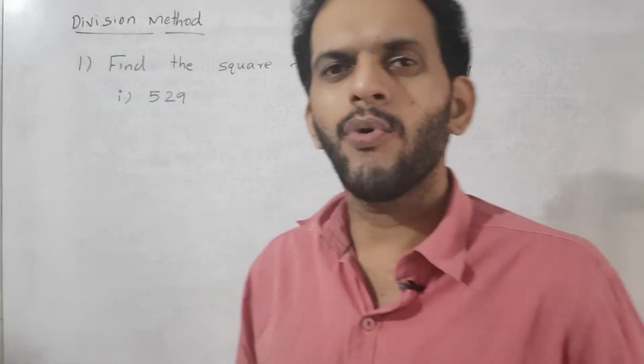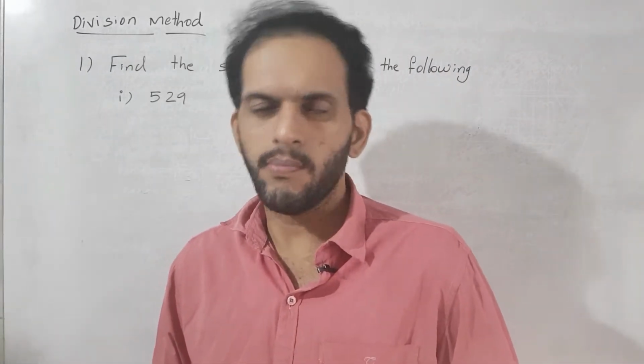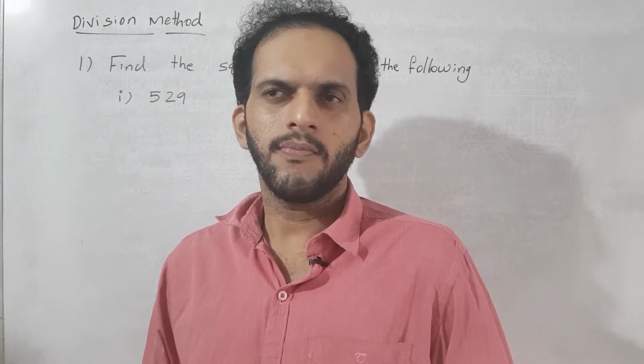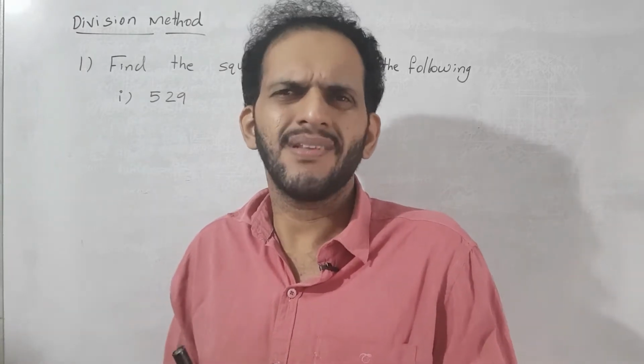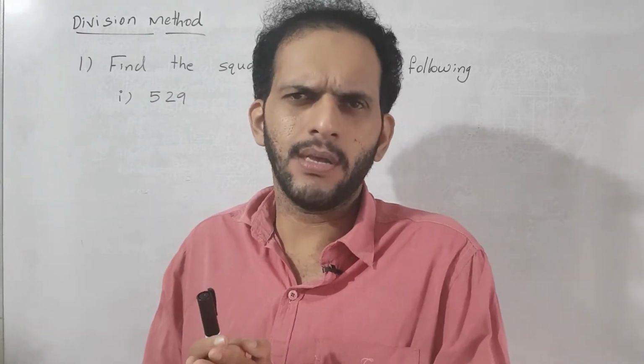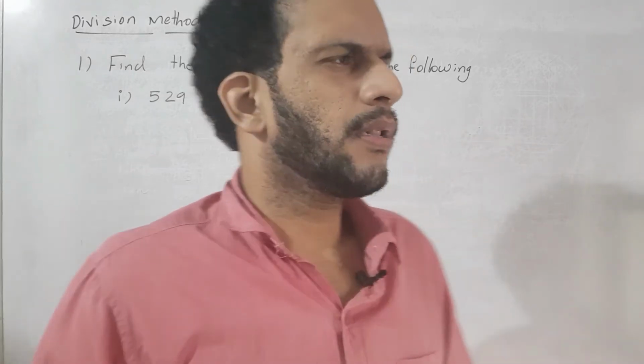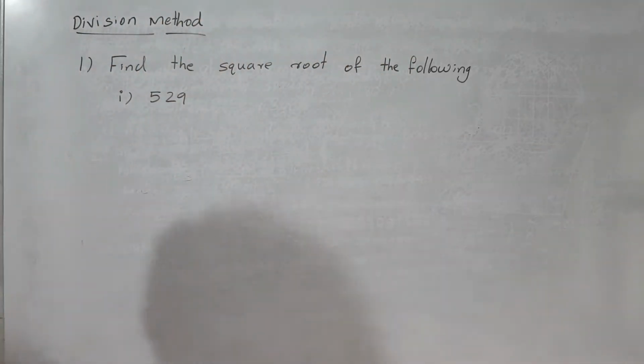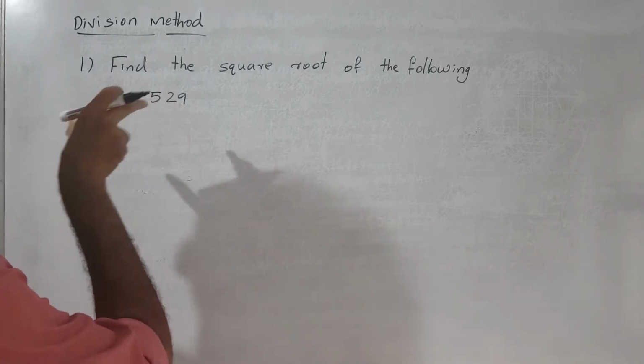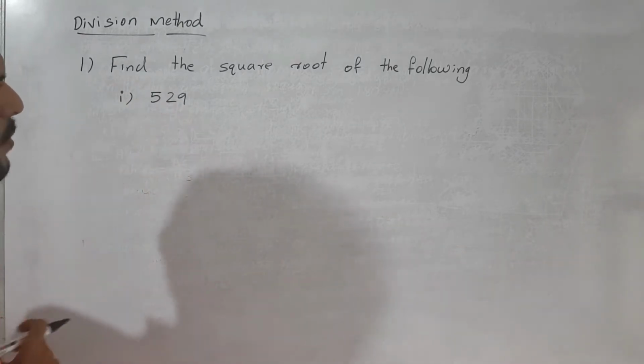Here we are discussing the division method, the long division method. Before dividing the number we have some idea. The first step: we want to find the square root of 529.